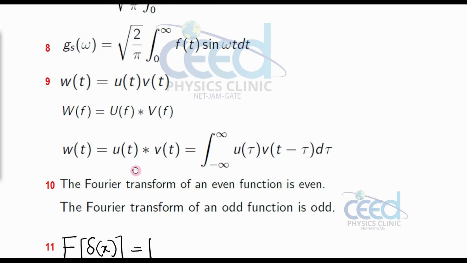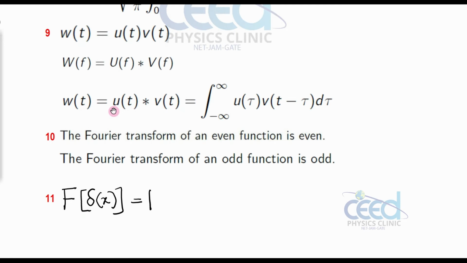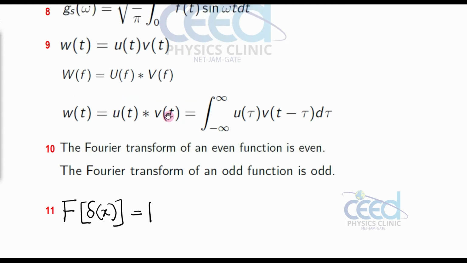That is implying this. So you can have a product of two functions, then the Fourier transform is equal to the convolution of the Fourier transforms of the individual functions. So this convolution multiplication represents u of t into v of t, integrated from minus infinity to infinity.